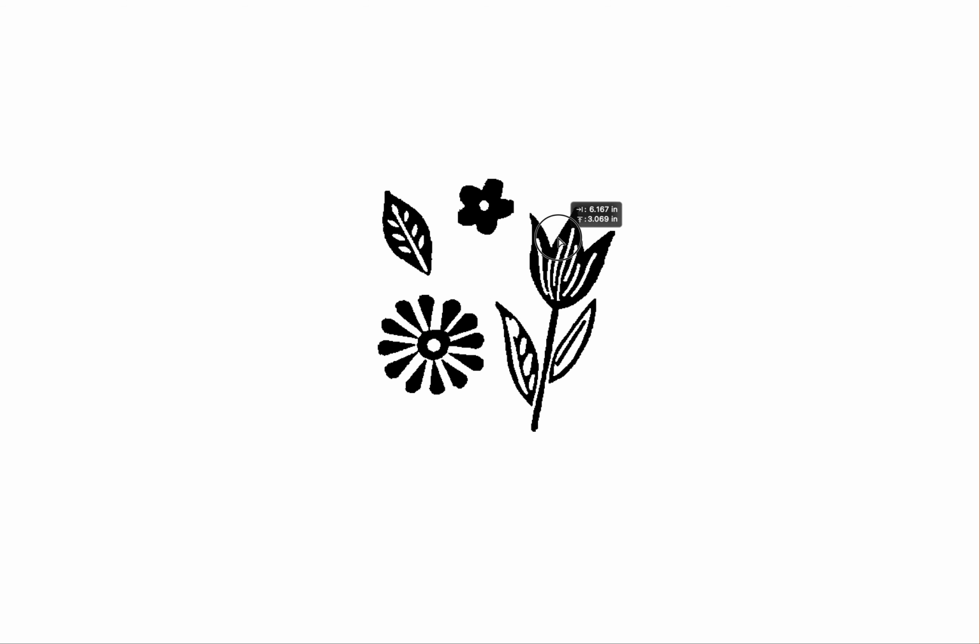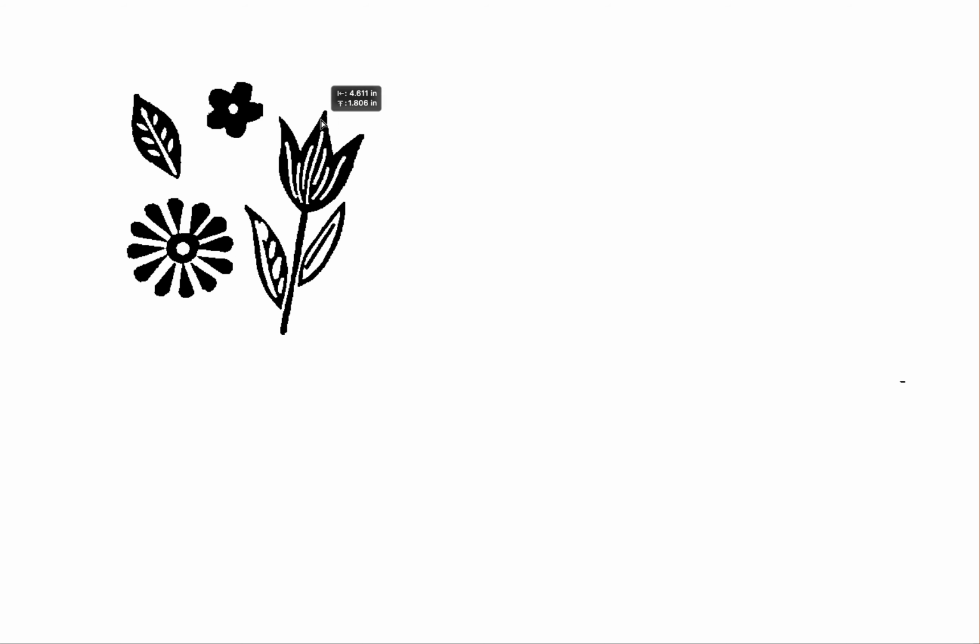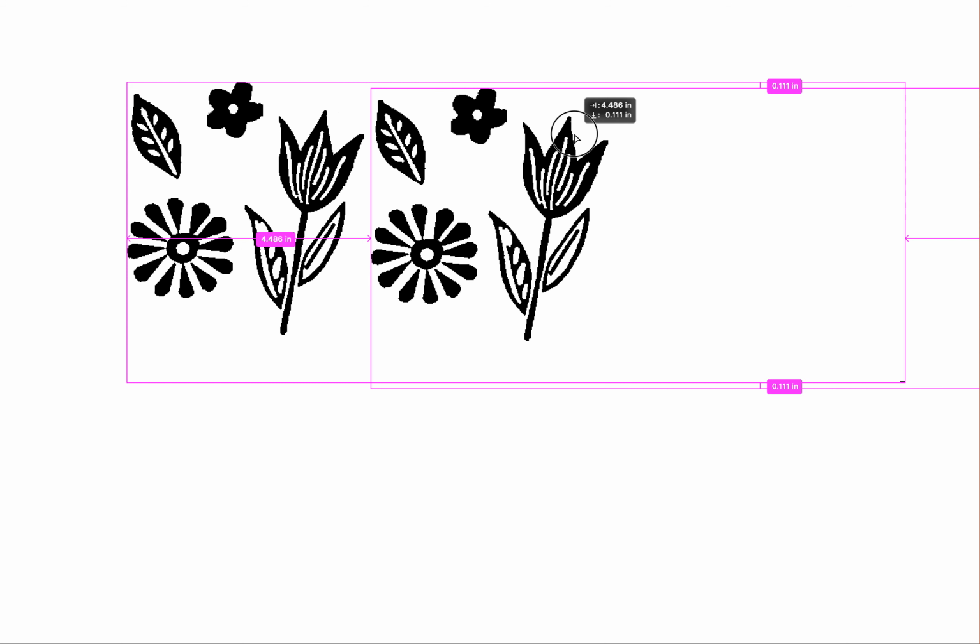I'll get rid of my extra ones there and move on to the next one. So the next one could be something like this, where this might be a block, or it might be 4 different blocks. So if it was a block, again, all you can do is rotate.